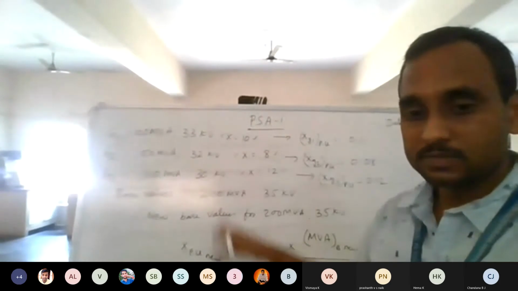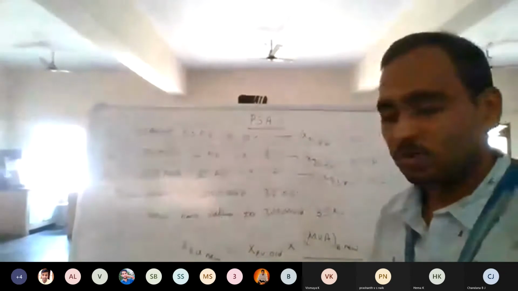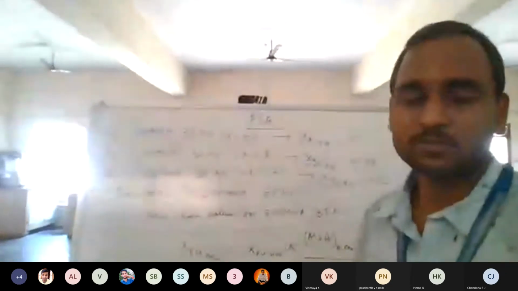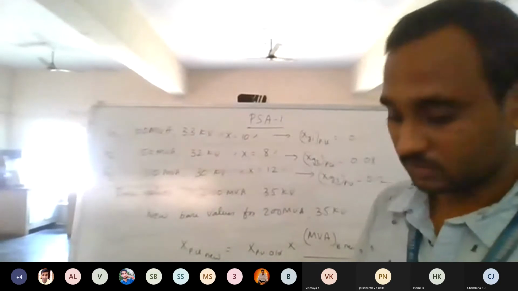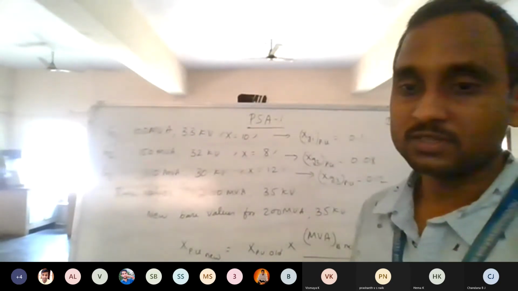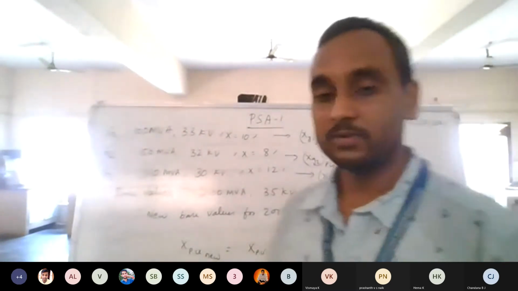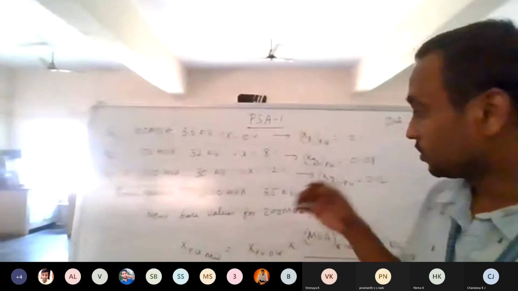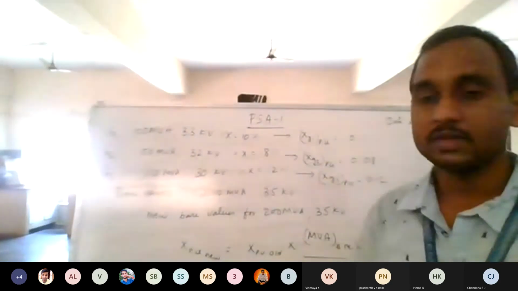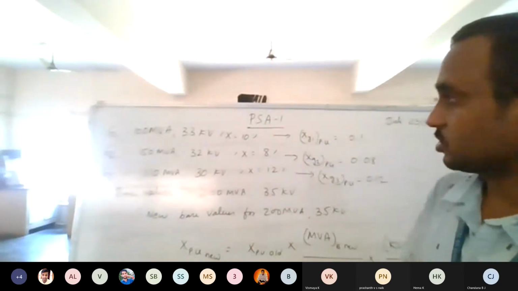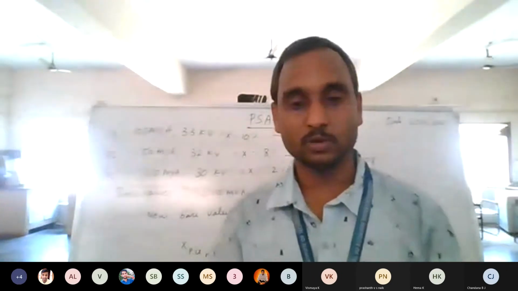Follow the steps and calculate, you will get the answer. If you do many problems, the confusion will be cleared. After solving a number of types of problems, you will learn how to choose base values and calculate per unit reactances and per unit values. So this is about today's class on solving numerical problems.